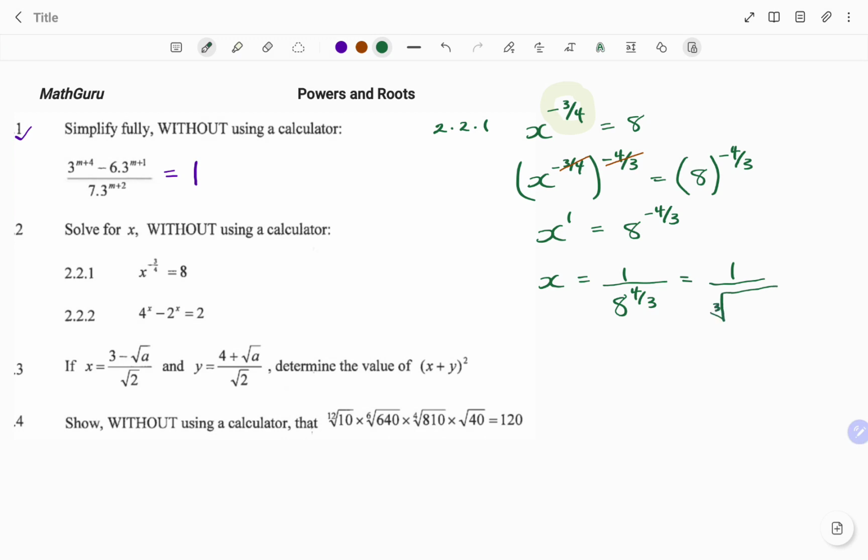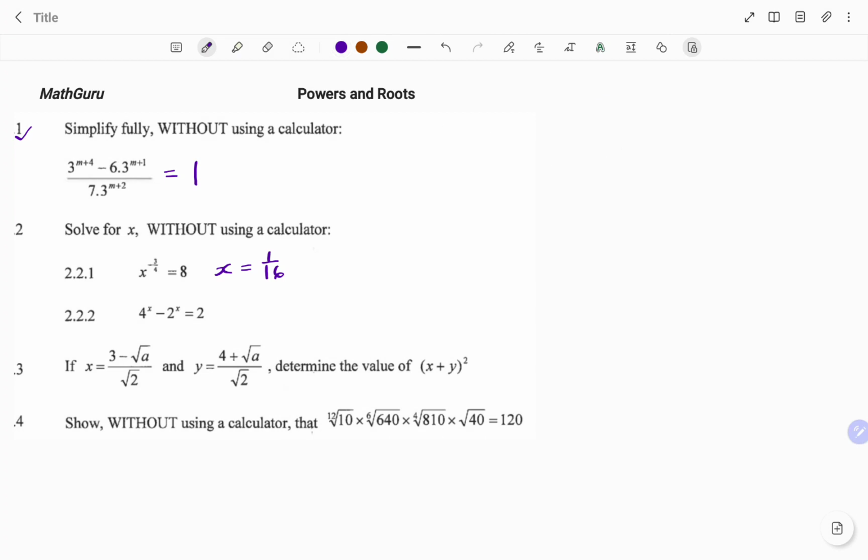So it will be the cube root of 8, and then all raised to the power of 4. x equals 1 over the cube root of 8, which is 2, then to the power of 4. Therefore, my final answer, x, will be 1 over 2 to the power of 4, 16. So for this question, the value of x is equal to 1 over 16.